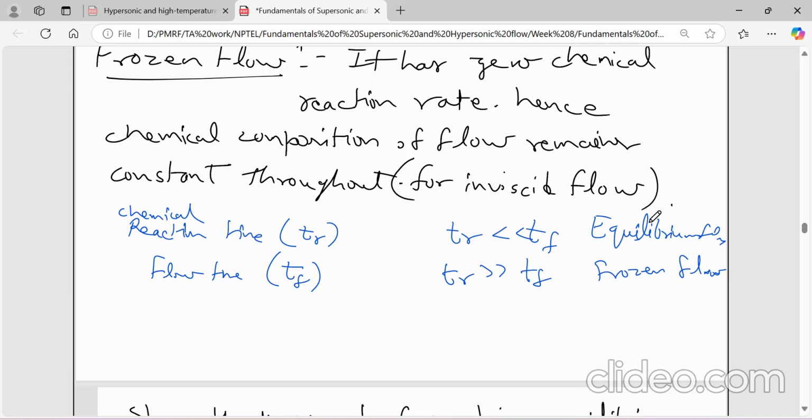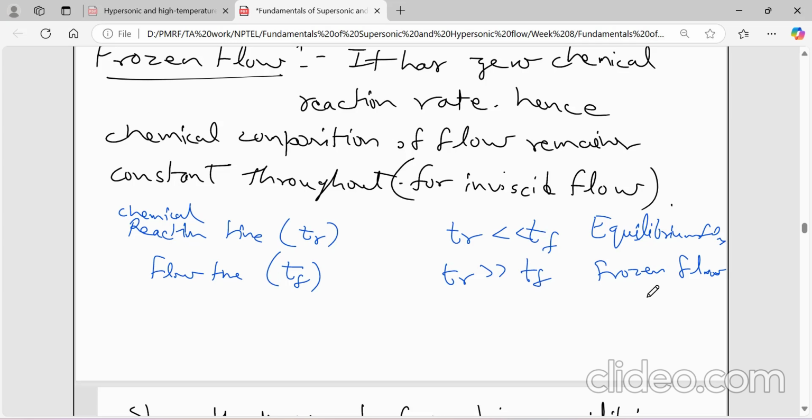So due to the mean flow path and the collision frequency, some time is taken for collision to happen, and that time is what is responsible for the chemical reaction time, due to which it is not possible to have an infinite chemical reaction rate.